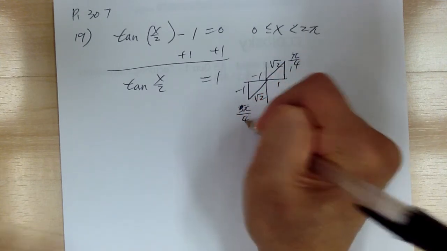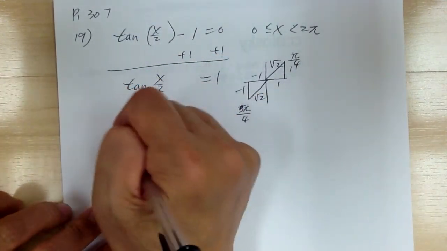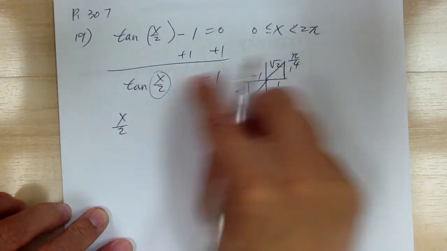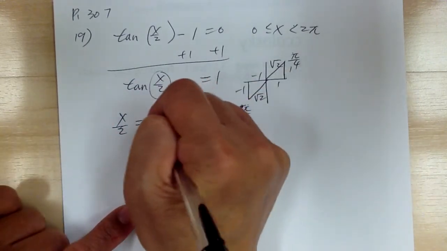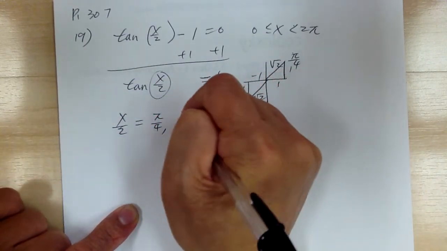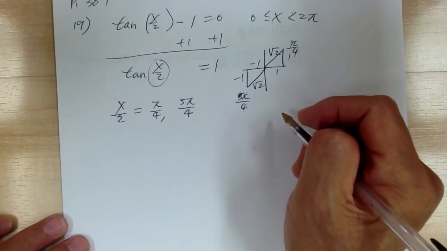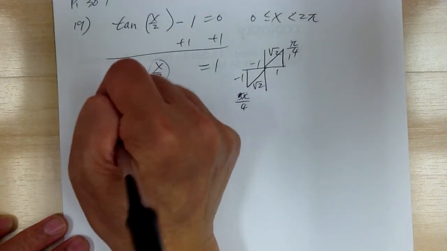Okay. So from here, to get rid of that, that's what I did. So you're going to get x over 2. Again, that's your angle over here, right? So when you draw your triangle, this is based on the x over 2. So x over 2 is going to equal pi over 4 or 5 pi over 4. Okay. So next thing you have to do to solve for x is multiply everything by 2, right?